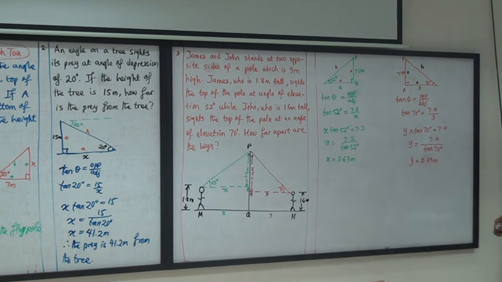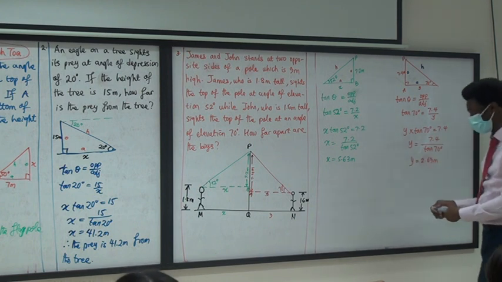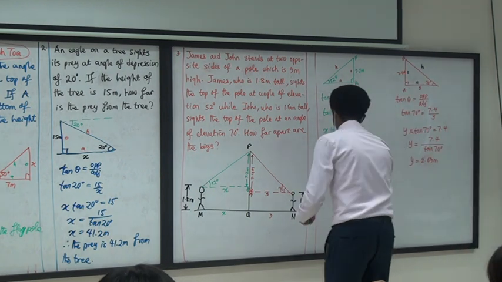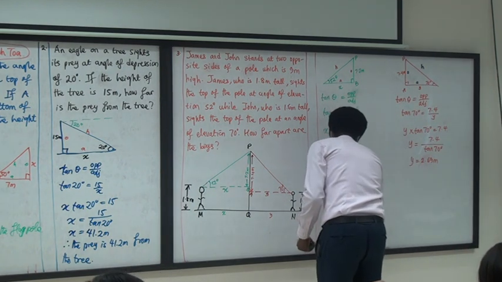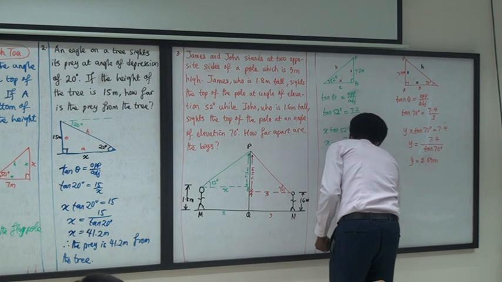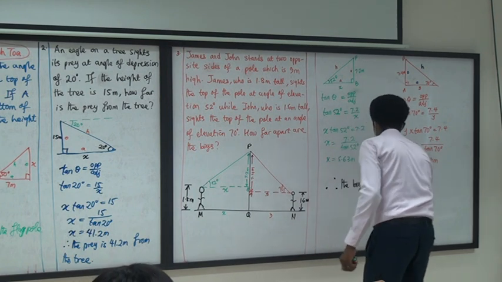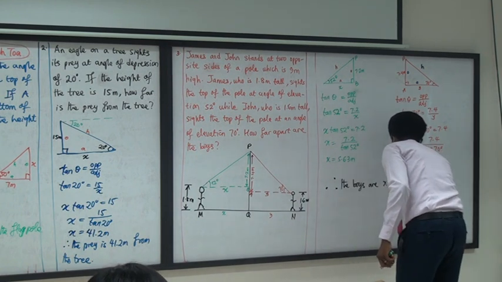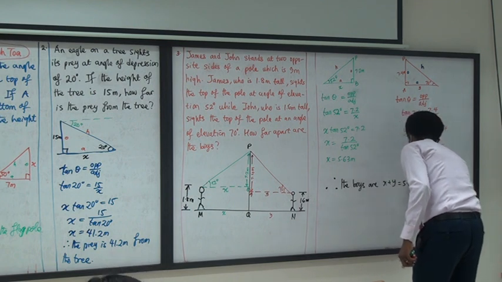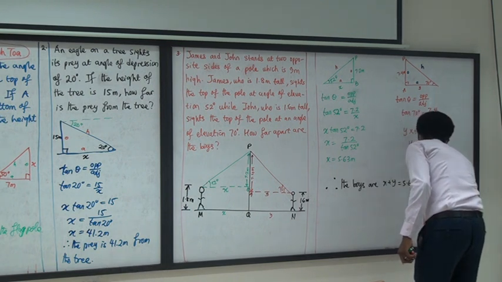So our conclusion, you may first of all say x plus y is equal to, work that out and write a conclusion, or you may just do it together with the conclusion. So I'm going to do it together with the conclusion by saying, therefore, the boys are, check this out, x plus y, which is equal to 5.63 plus 2.69.